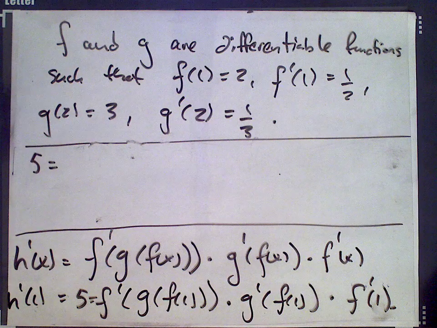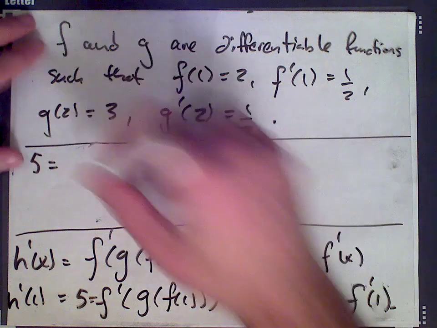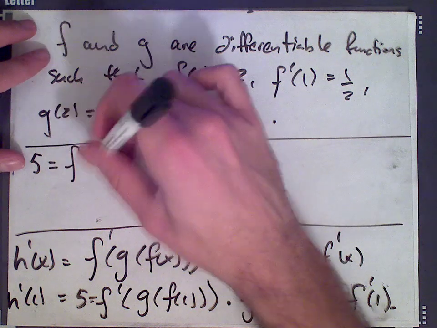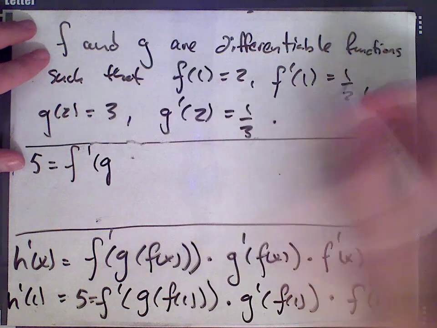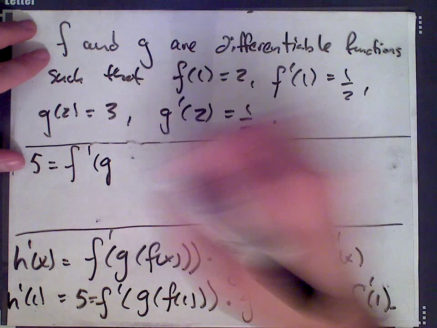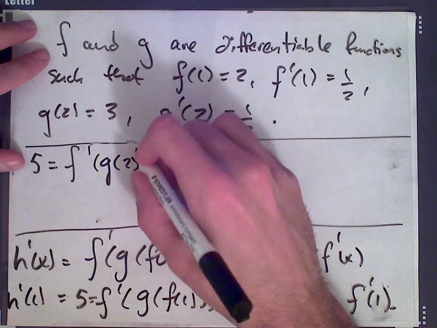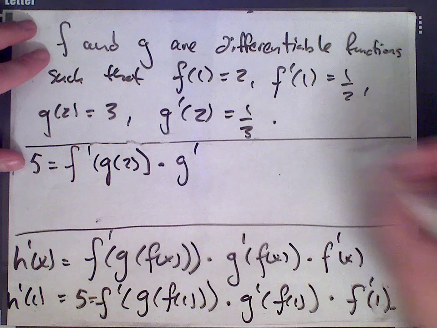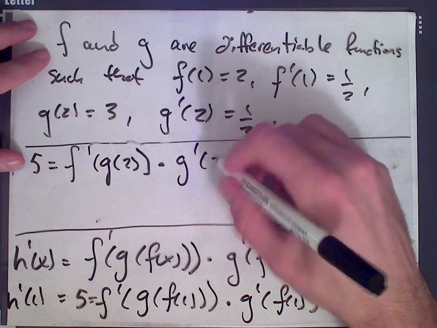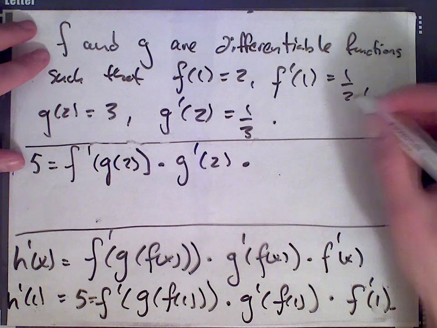Okay, so we get 5 equals f prime of g of f of 1. So f of 1 is 2, times g prime of f of 1, f of 1 again is 2, times f prime at 1, which is a half.